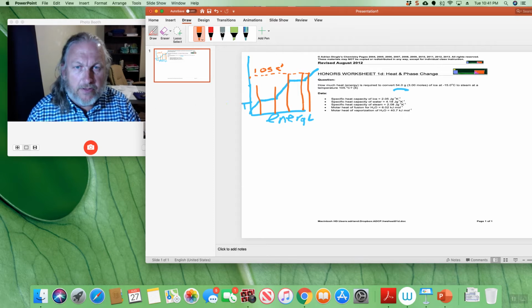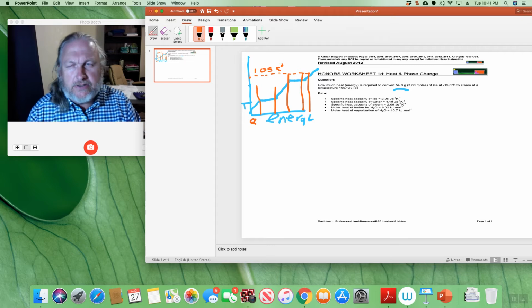We can call this Q1. What's going on? We're going from minus 15 C to 0 C. That's our first change, right? Then we're converting this material. That's where the phase change really happens, so that's Q2.